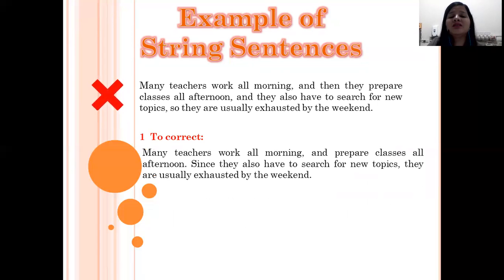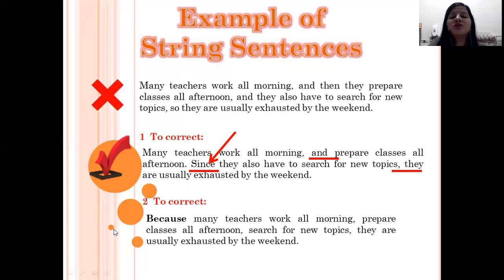To correct that: many teachers work all morning, as you can see here. Use and, the connector, and since to make sense of these sentences. And also, comma, they, to correct. Another way to correct is to use because and use the comma and try to minimize the subjects that are repeated.